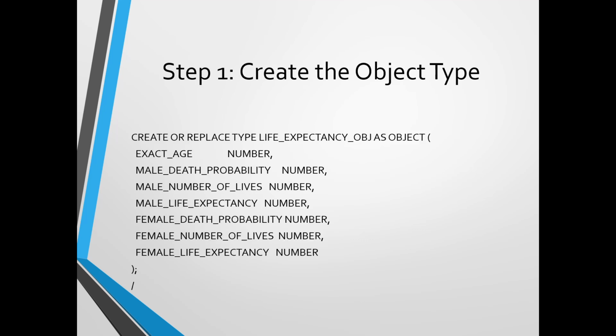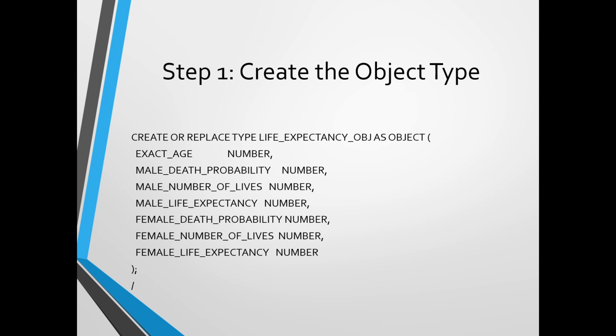Now let's figure out how to create an object type. Here we are creating an object type called life expectancy obj. That object has seven properties, and these seven properties are available in the original table.